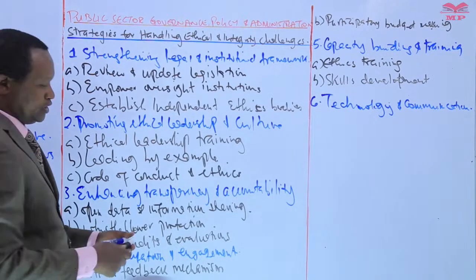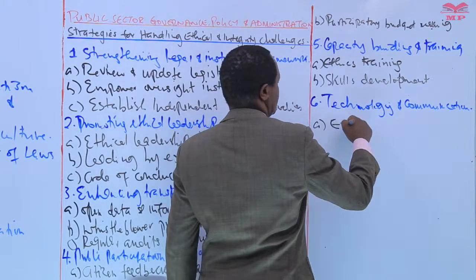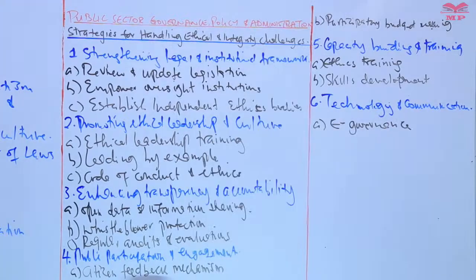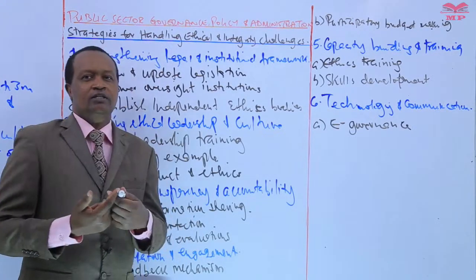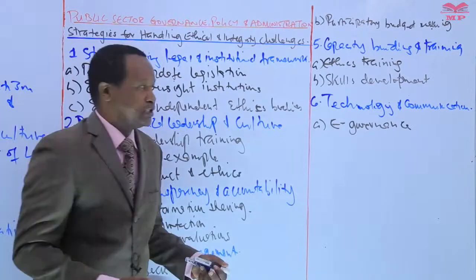One is through e-governance. Utilizing technology to streamline processes, to reduce bureaucracy and increase transparency, which can then help to minimize opportunities for corruption.